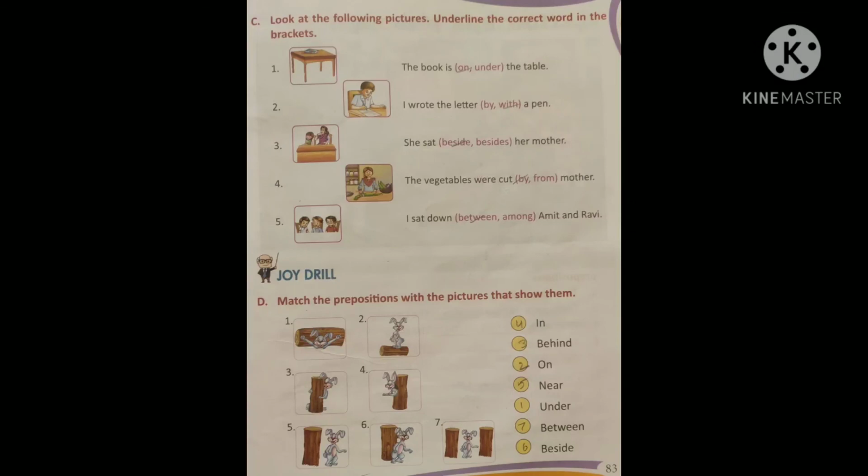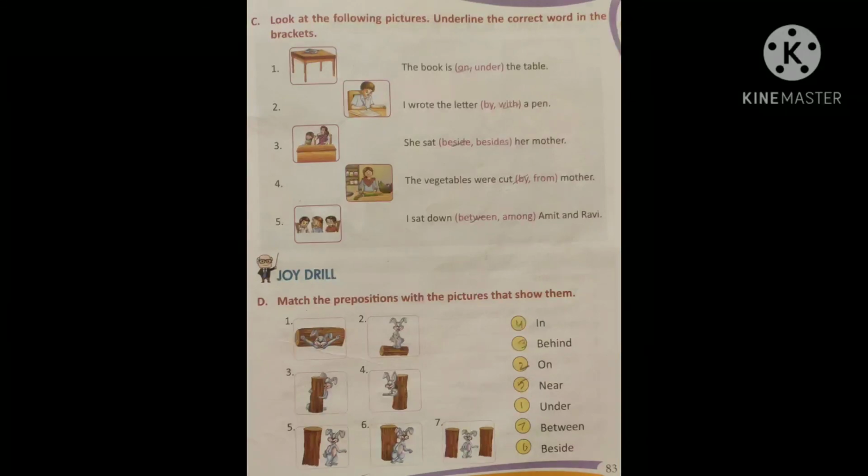Beside, because by the side. She is sitting by the side of her mother. Next one, the vegetables were cut by mom or from mother. So the correct answer is by mother. Fifth one, I sat between or among Ravi and Amit. We will use between because only two are there, Amit and Ravi.